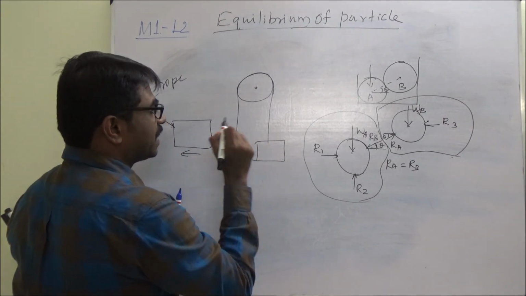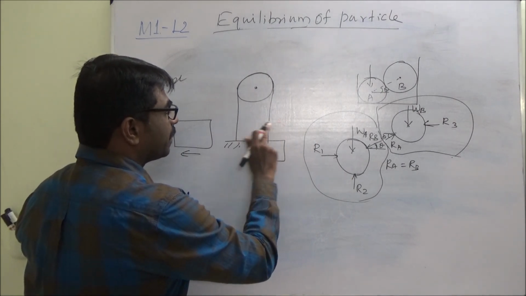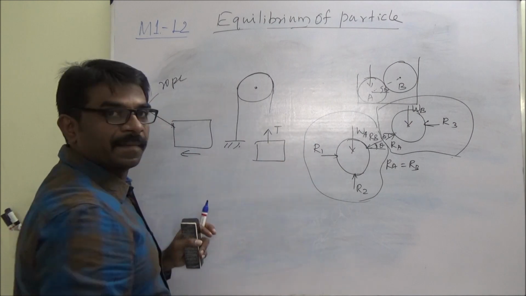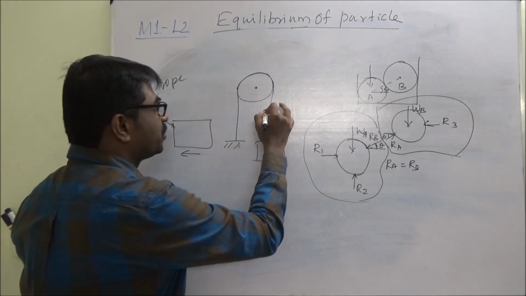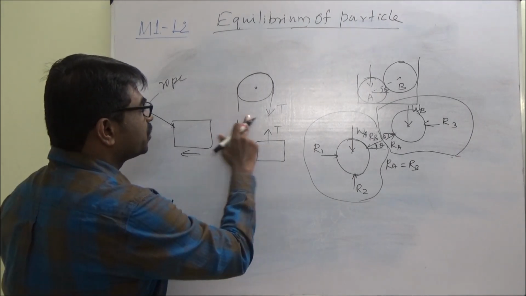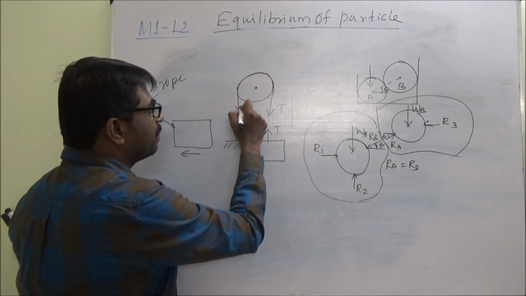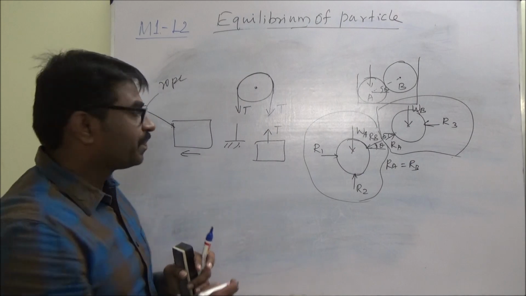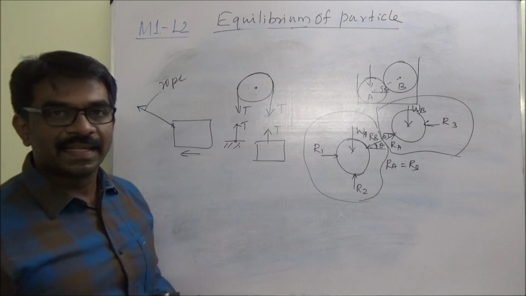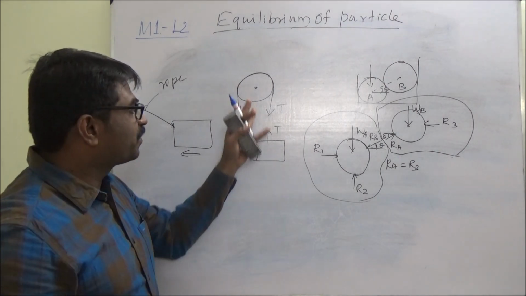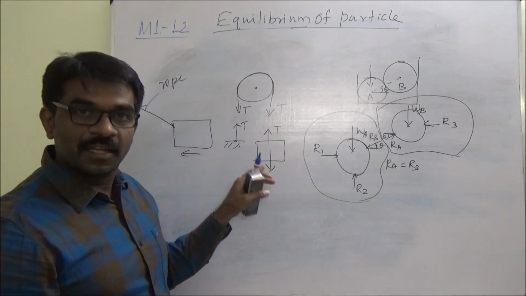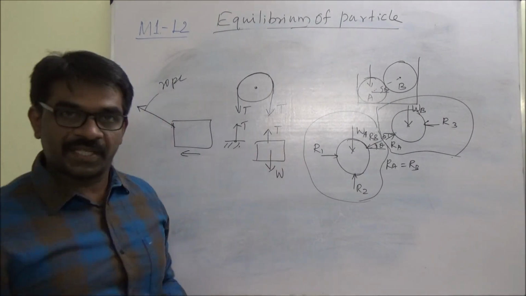Okay, say for example, here this is the tension. Okay, in order to keep the body in equilibrium, this has to be in tension. In order to keep the pulley in equilibrium, this has to be T, right? This is the free body diagram for this block, and of course this is in equilibrium because of the weight.